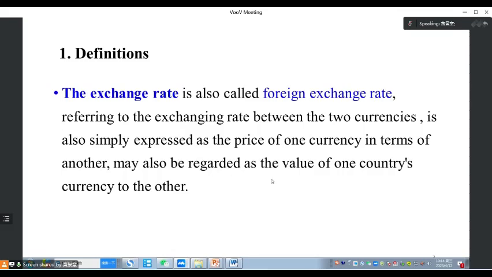It may also be regarded as the value of one country's currency to the other. This part of the PPT tells us the meaning of exchange rate. One country's currency is valued by another country's currency.